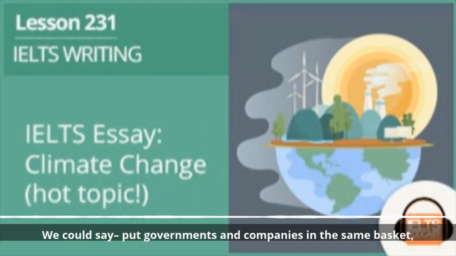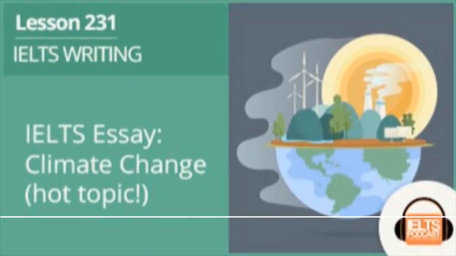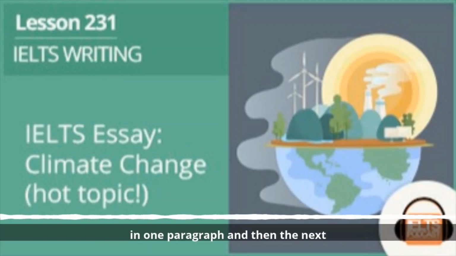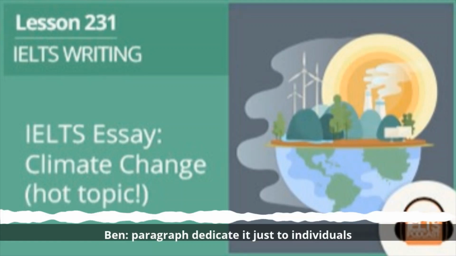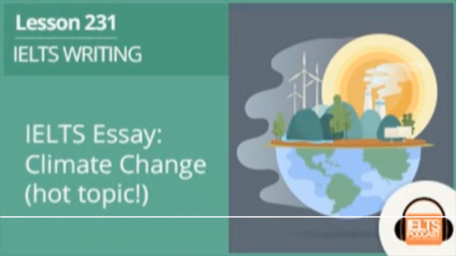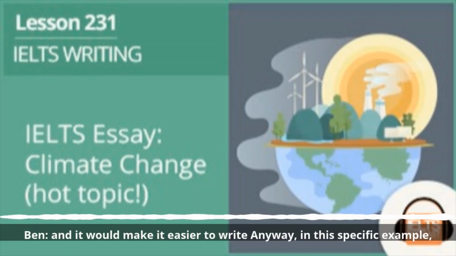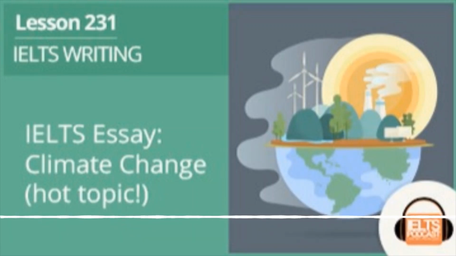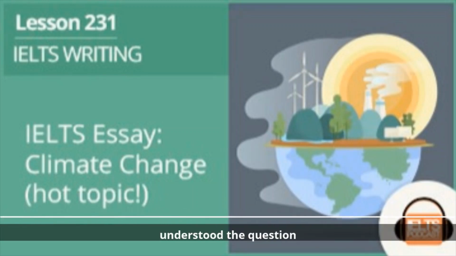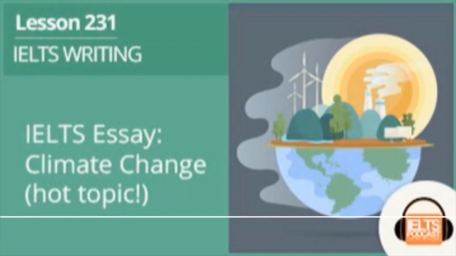We could put governments and companies in the same basket in one paragraph, and then the next paragraph dedicated just to individuals. And it would make it easier to write. Anyway, in this specific example, we've done 3 paragraphs. Now, we've understood the question.